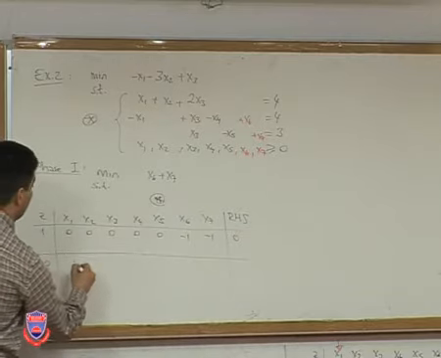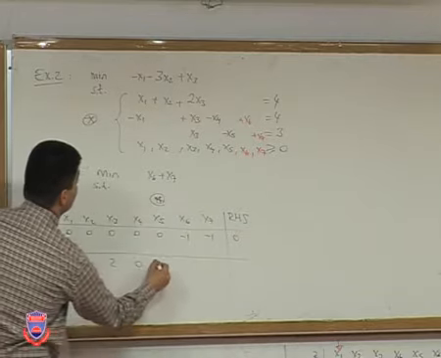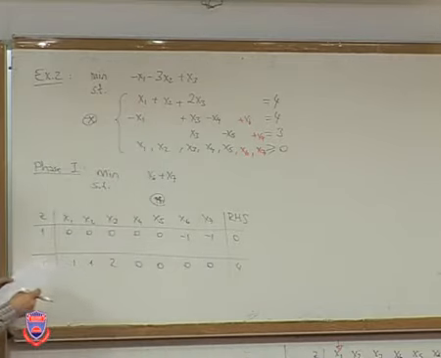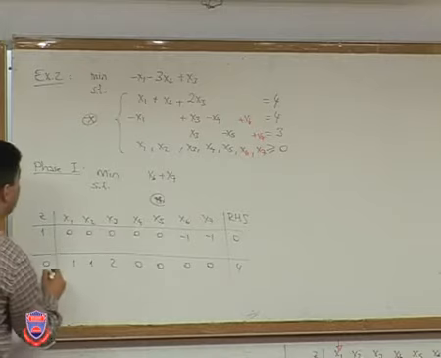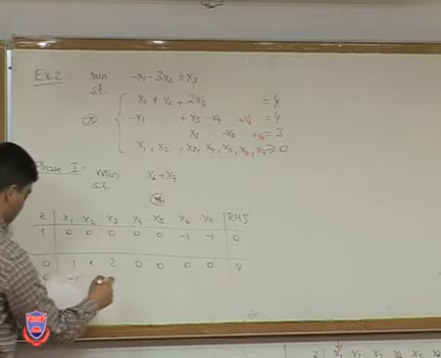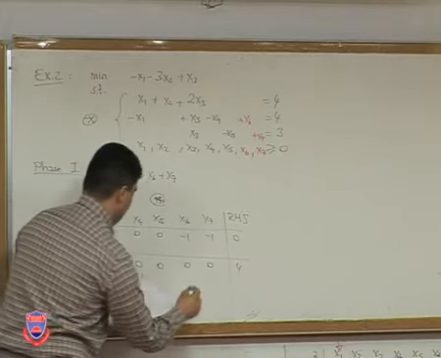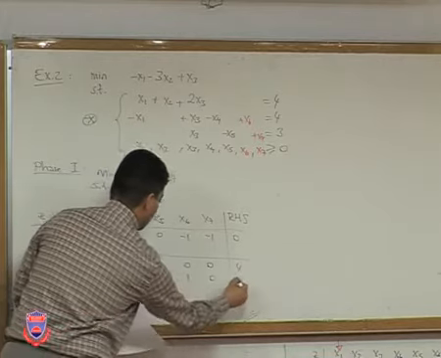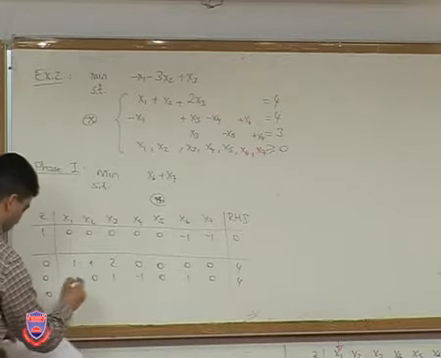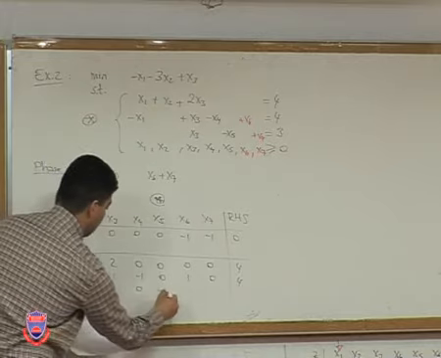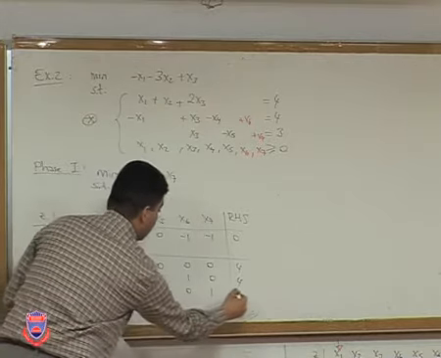I have 0, 1, 1, 2, 0, 0, 0, 0. Right-hand side is 4. Then I have 0, minus 1, 0, 1, minus 1, 0, 1, 0, 4. And finally, I have 0, 0, 0, 1, 0, minus 1, 0, 1, 3.